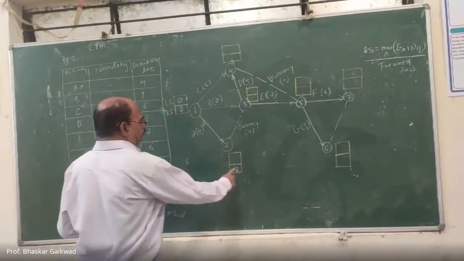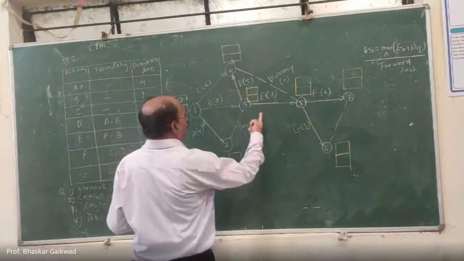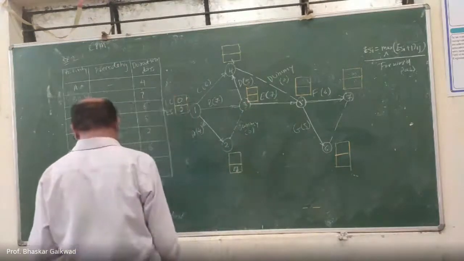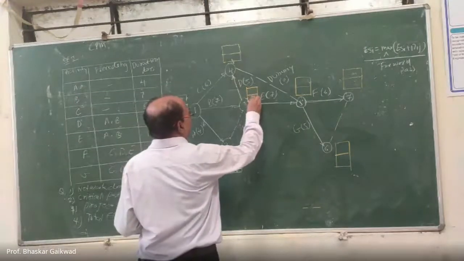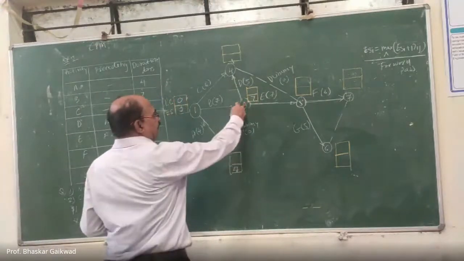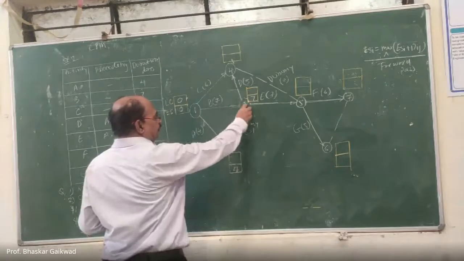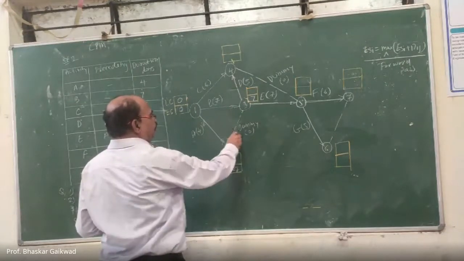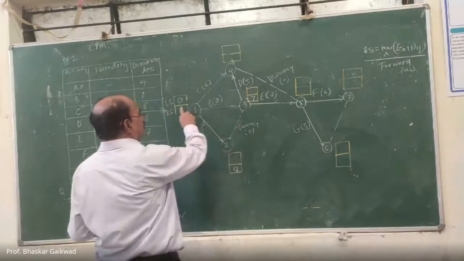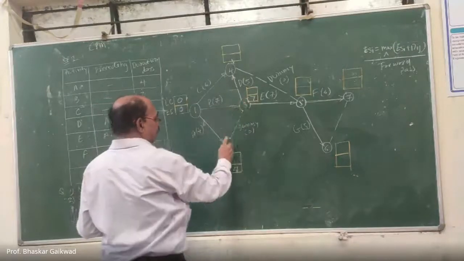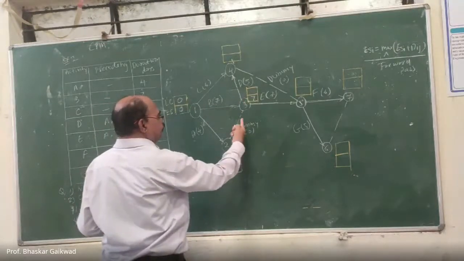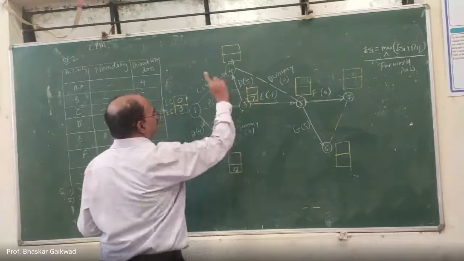And here 4 plus 0, 4. Which is the maximum? 7 is the maximum. So here you can write 7.